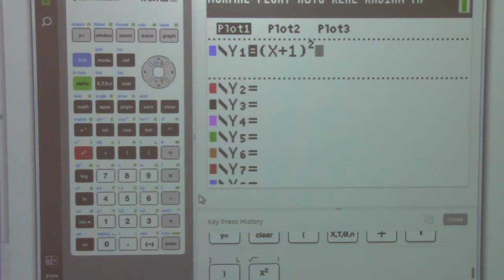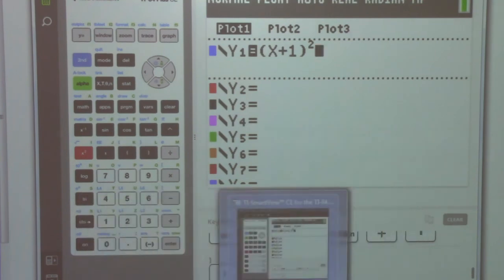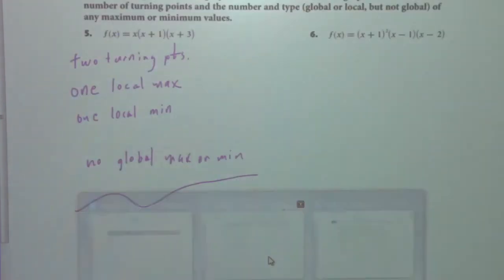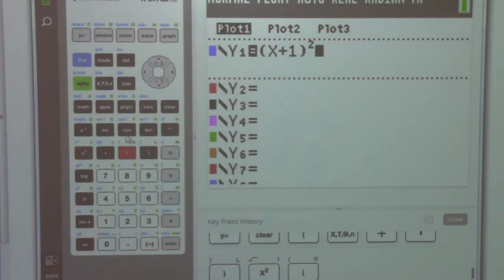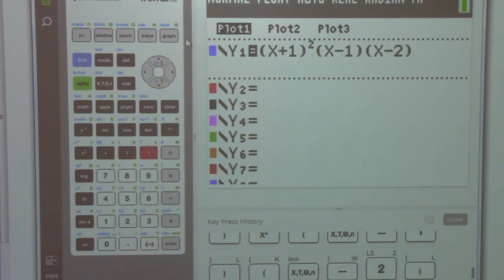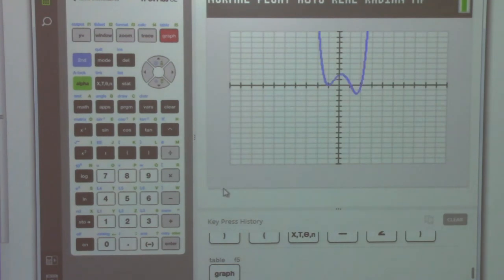And then it was x minus 1, x minus 2, is that right? Yes. So this is what we're looking at right here. Okay, so we can see where the thing touches or crosses.